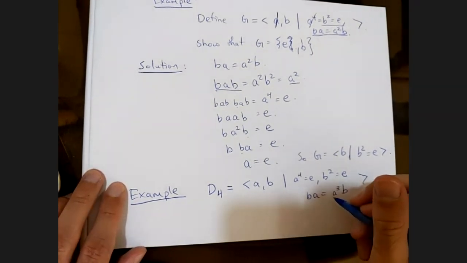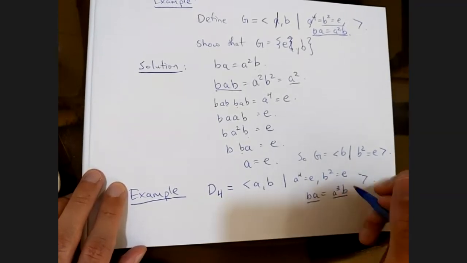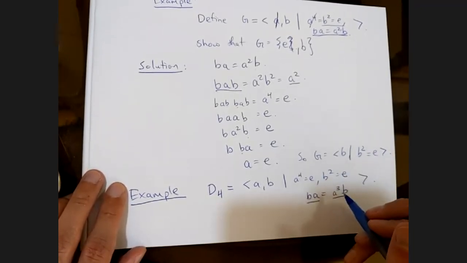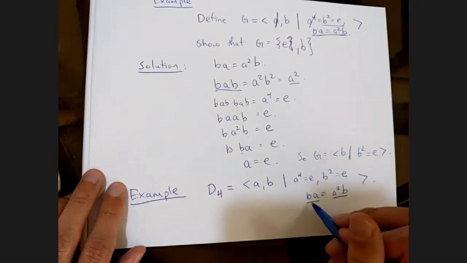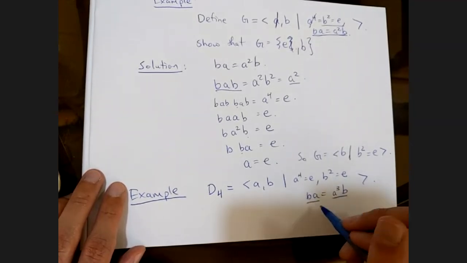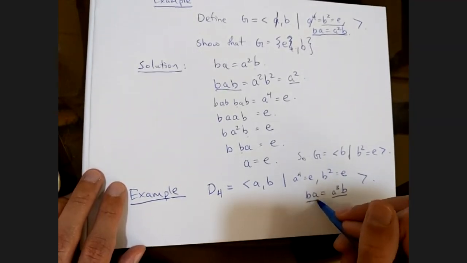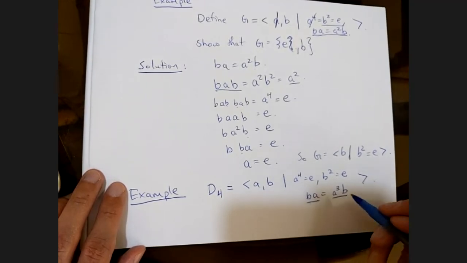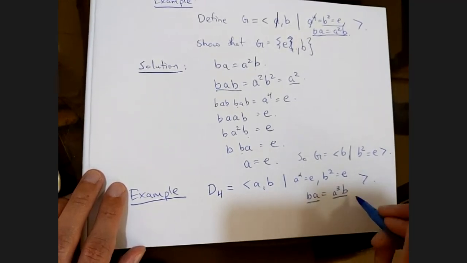First, because we only have 2 generators, and I have this rule which allows us to switch them. Like if I have a big long string of A's and B's, whenever a B comes before an A, I can switch the B and the A, right? But with this rule.